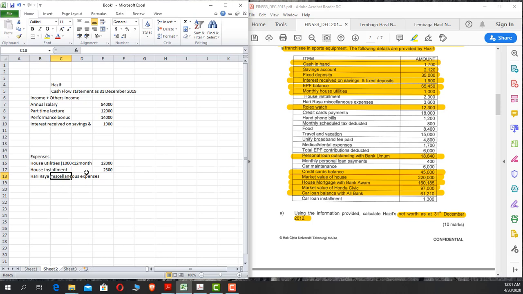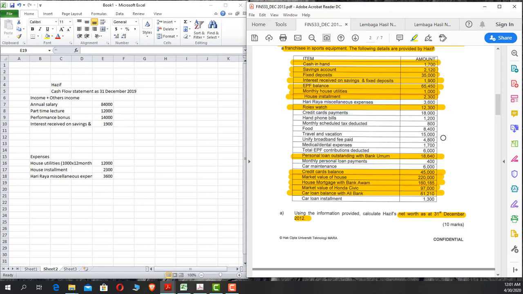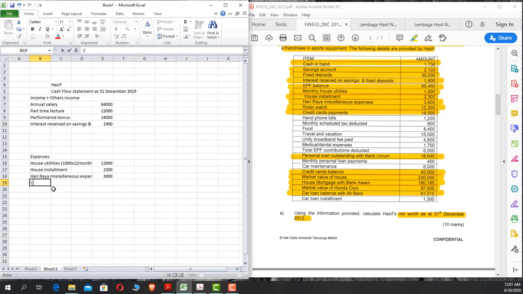Expenses 3,600. Okay, credit card payment ialah expenses 18,000.